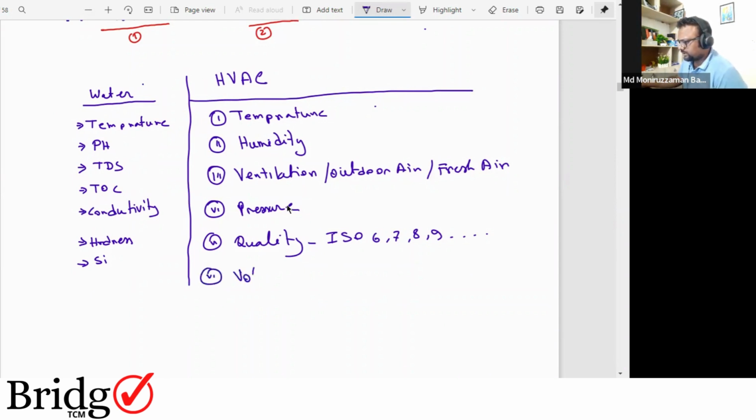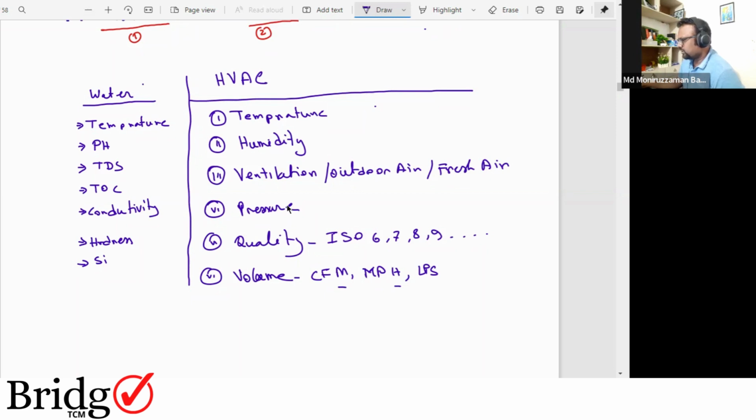Then volume of air. We express this in CFM, cubic feet per minute, or m³/h, meter cube per hour. Sometimes we refer to it as liter per second, but that is not very popular. By volume, we control the amount of air coming to your room every minute or hour through your HVAC system.